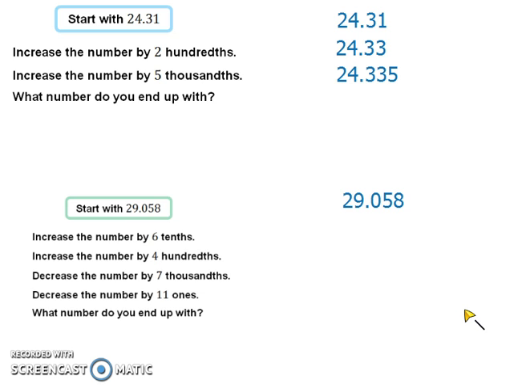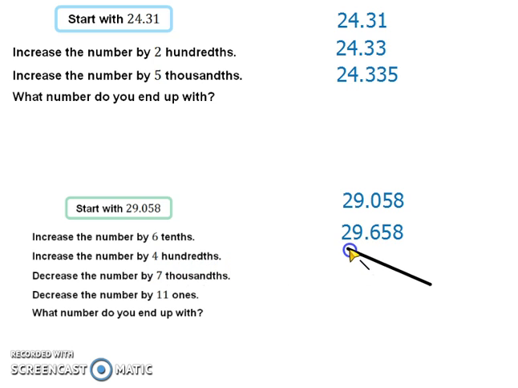Okay, so now our first part is increase the number by 6 tenths. So we go into the tenths column and we have a 0 there. So we increase it by 6, it'll become 29.658. Now our next part is increase the number by 4 hundredths.